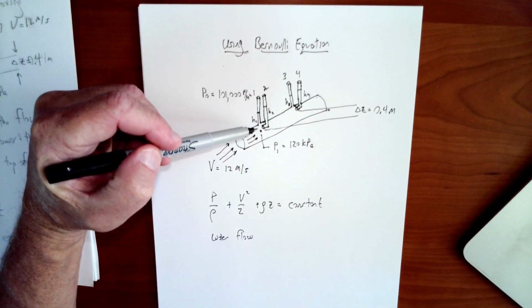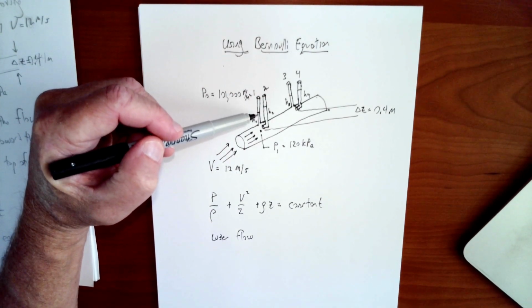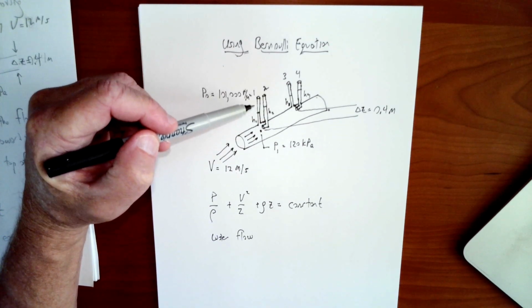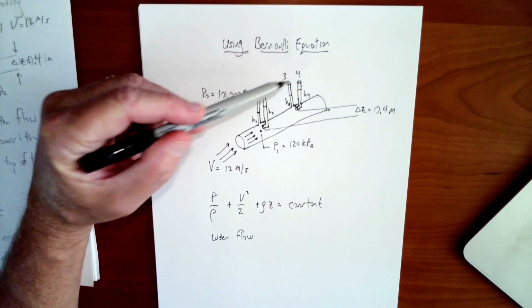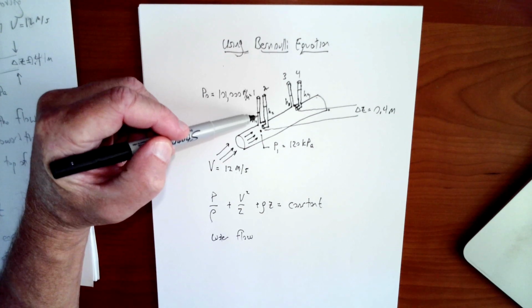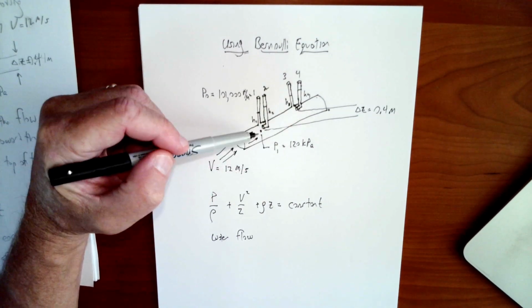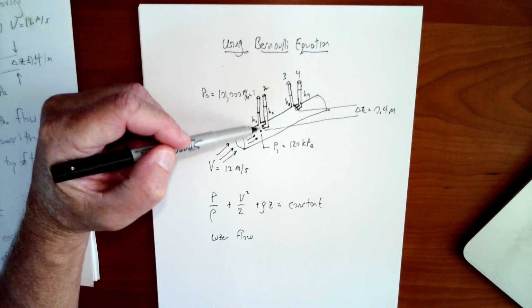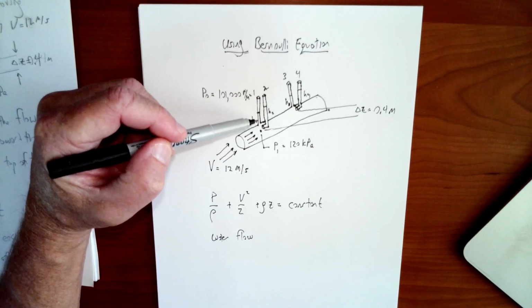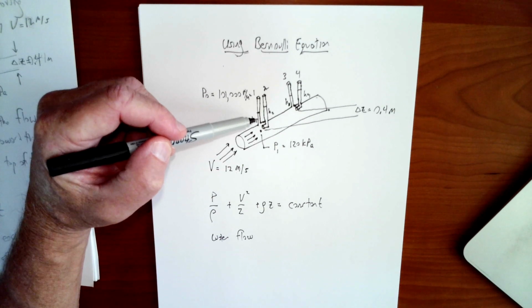So if you look at this H1, well, that's going to measure the pressure. These pipes are all open at the top to the atmosphere, so that's going to measure the pressure difference between the atmosphere and this 120 kPa right here. So that's what that's going to do. So we can figure out that H1 pretty easily based on our hydrostatics.